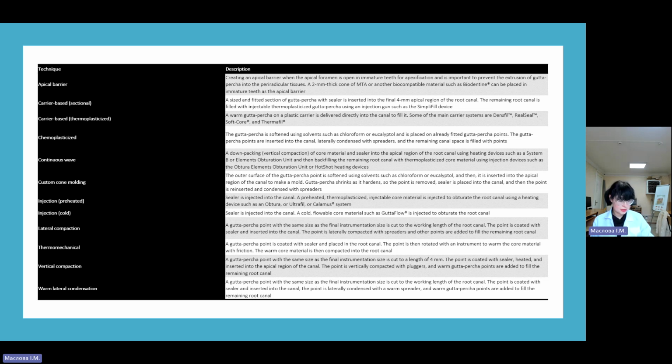Except for sealer, the endodontic obturation techniques use core materials. These are silver points, acrylic points, and gutta-percha.